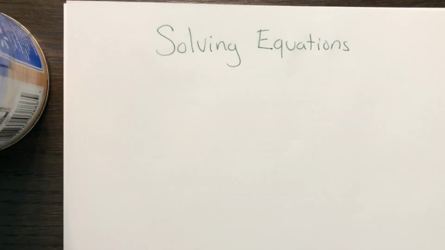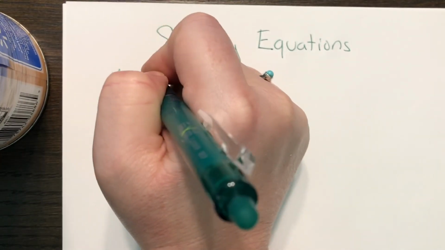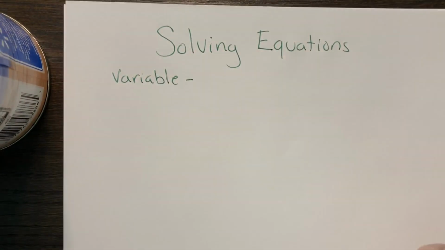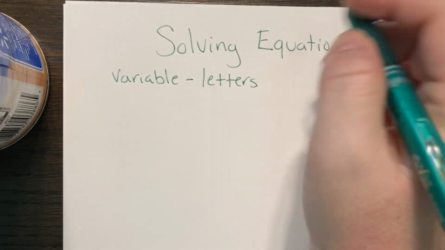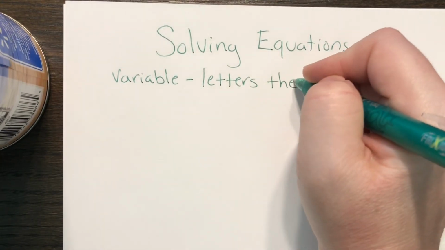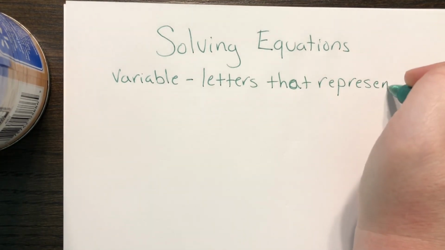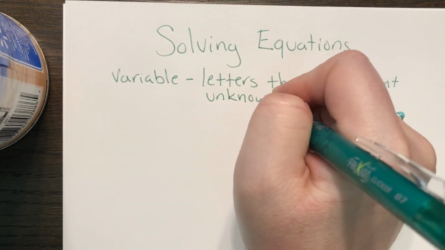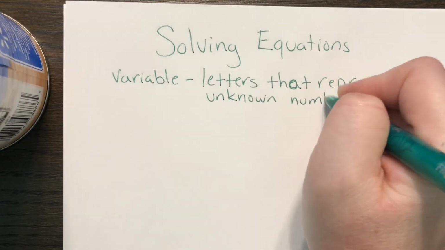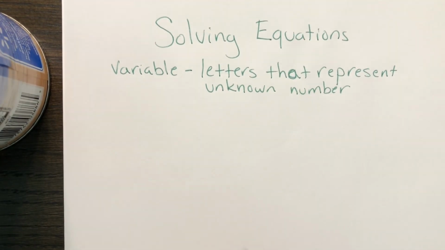Some things to refresh our memories on, some vocab that we're going to hear and see, are variable, which are those letters that represent an unknown number. We're also going to talk about the inverse operation.